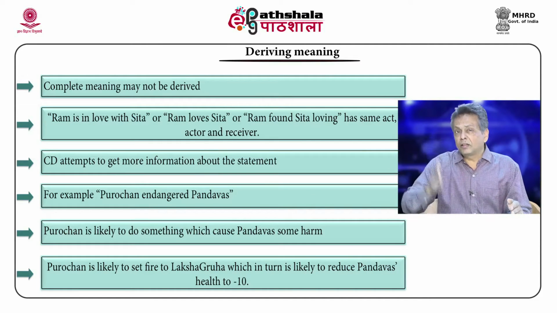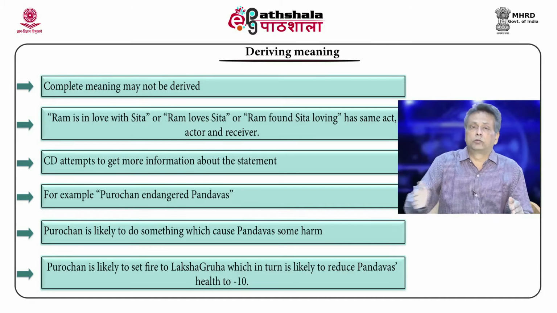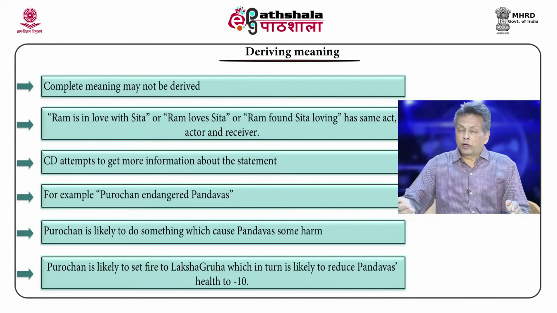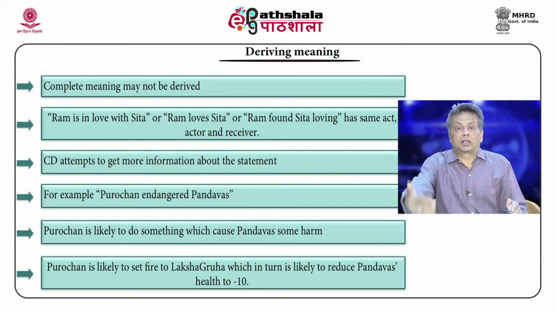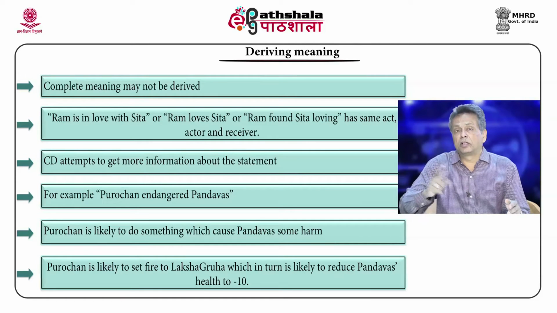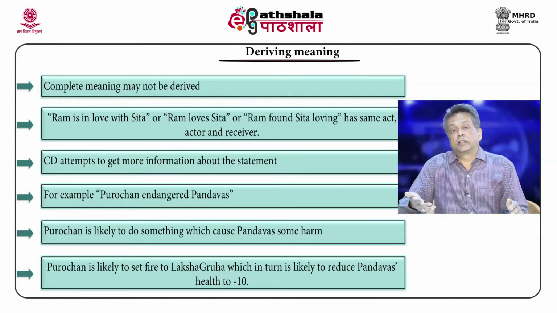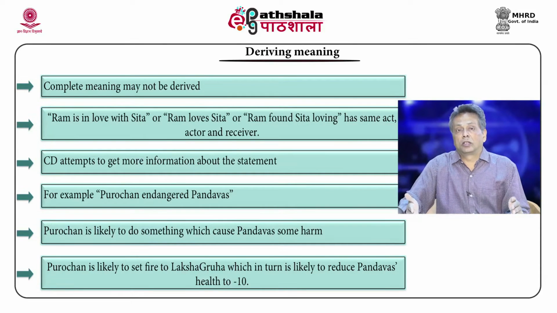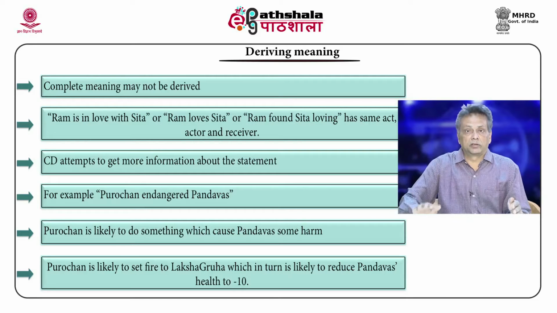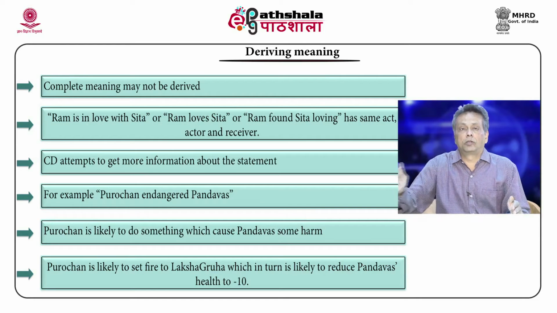So, that kind of meaning can be derived out of a statement, which was not possible using any other method before. If the proper statements are there before this particular statement is invoked, the CD representation will be such that Purochan tried to burn Laksha Gruha to make sure the Pandavas' health becomes -10. You may be surprised that if somebody is dead, it is called health equal to -10 in CD.